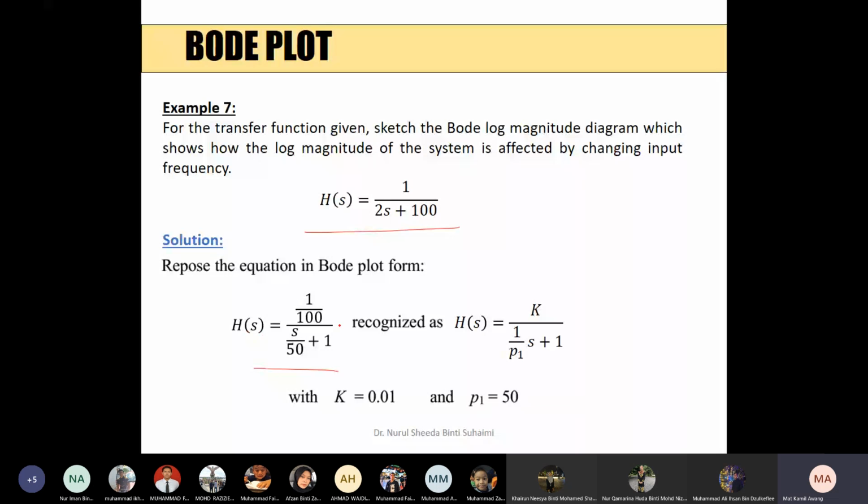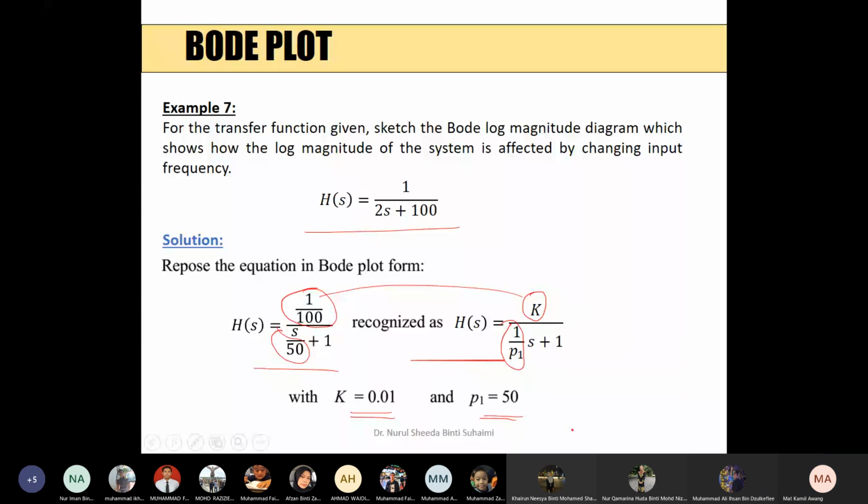You recognize this form: K is 1 over 100, and 1 over P1 is 1 over 50. So K is 0.01 and P1 is 50.